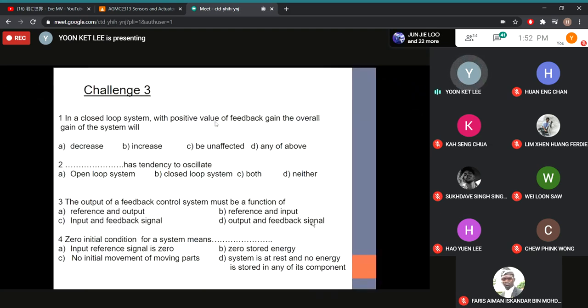Okay, in a closed loop system, we what? Decrease, increase, unaffected, or any of the above? If you have positive gain, it means your reference value is bigger than your measured value. Then what will you do with your correction unit? For example, if I want my motor rotating at 10 revolutions per minute, my reference value is 10.